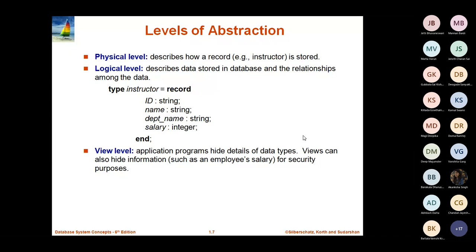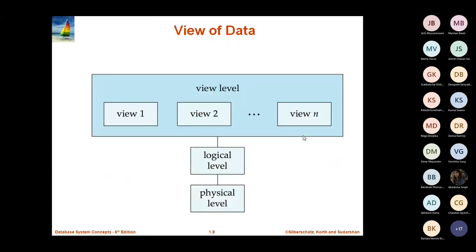What we are interested in is the view of the data: here is my registration for the spring 2022 semester, and it has been digitally signed by my faculty. That is what I view. So that is my level of abstraction. Ideally, as a student, I don't care how the data is kept logically or physically. So these are the physical, logical, and view levels of abstraction of the data.